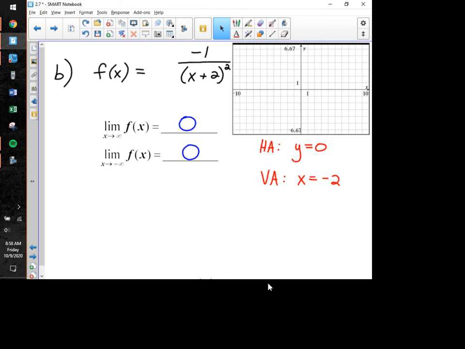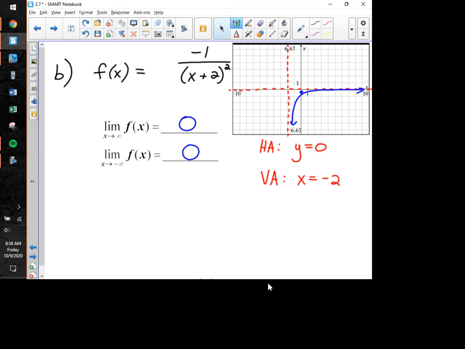There we go. Okay, so a vertical asymptote right here at -2, a horizontal asymptote right here once again at 0 here at the x-axis. And if you weren't quite sure, you could go ahead and plug in values on either side of the vertical asymptote. For example, if we put in a 0, the denominator is going to become 4, and we get -1/4 for that. So that tells me that this part of the hyperbola exists in the lower right quadrant.